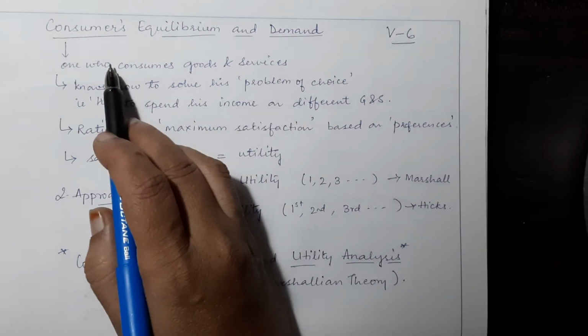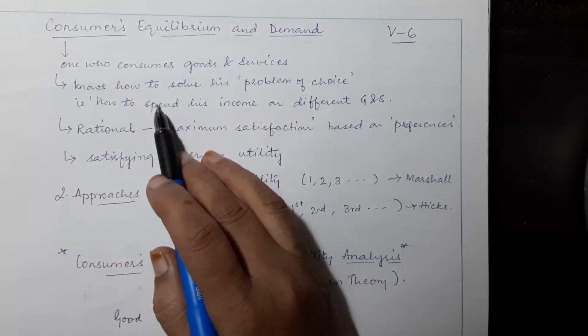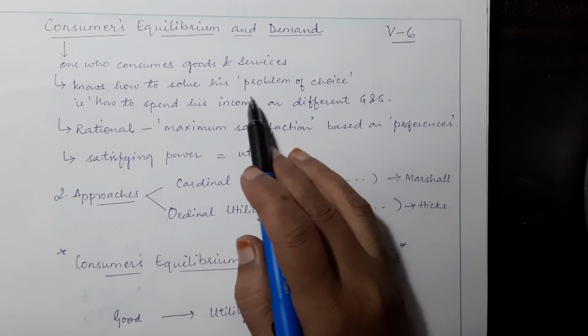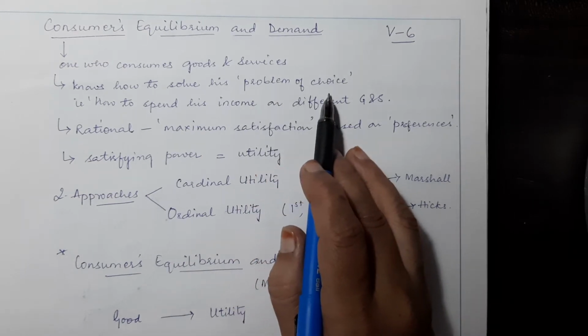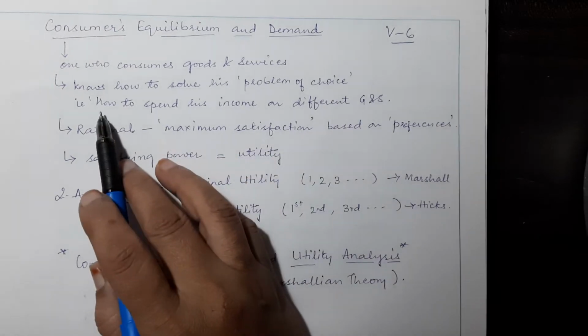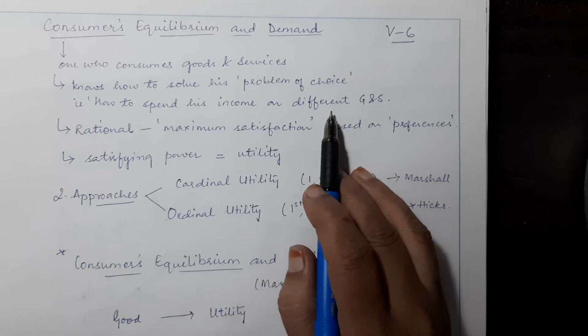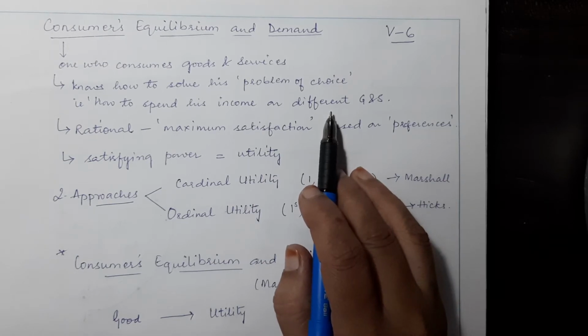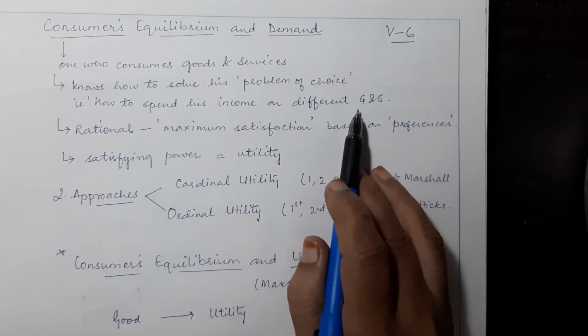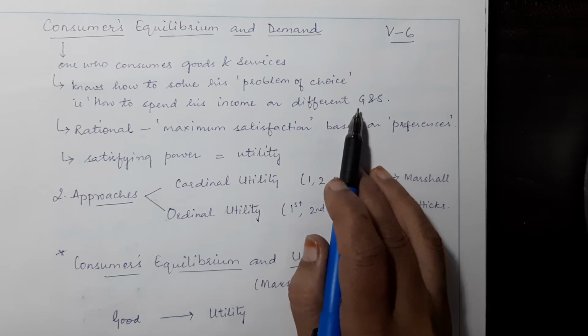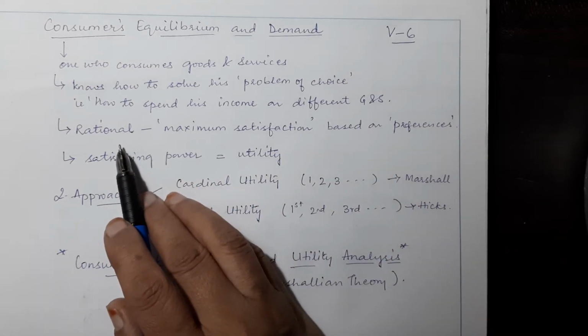And a consumer is one who knows how to solve his problem of choice. That is, he knows how to spend his income on consumption of different goods and services.